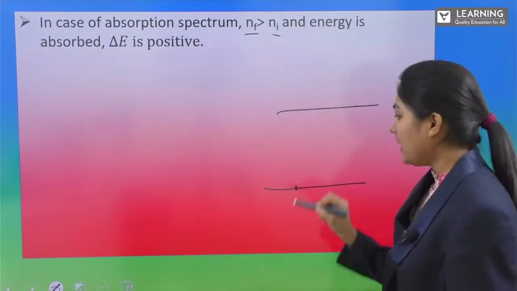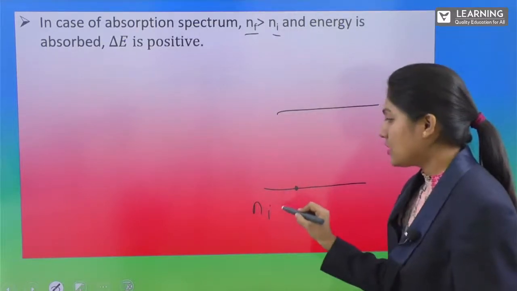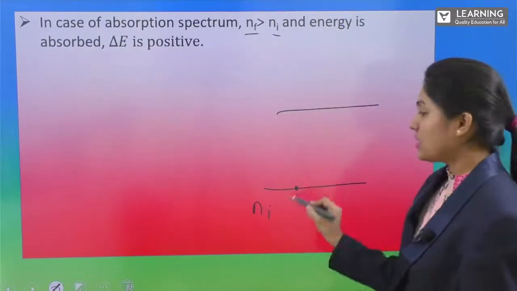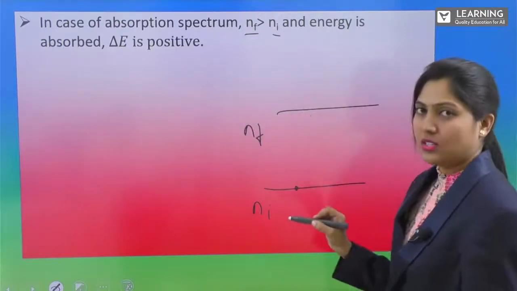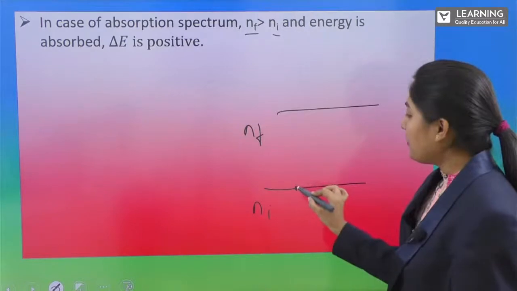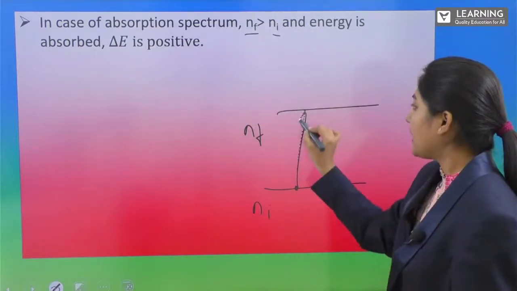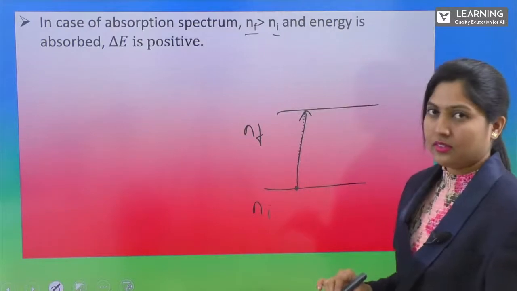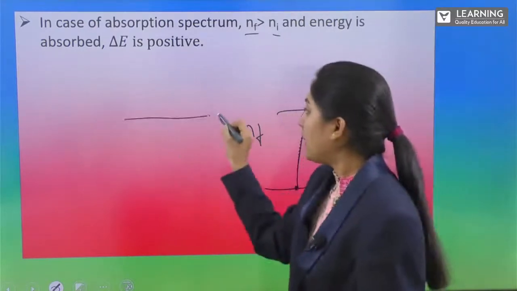If I have the electron in the ground state, then this is NI, the initial ground state, right? Initial energy level. NF is the final energy level. So, if you have NI greater than NF, then that will undergo the emission spectrum.